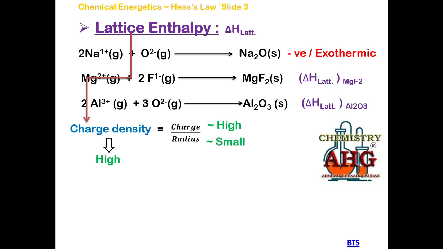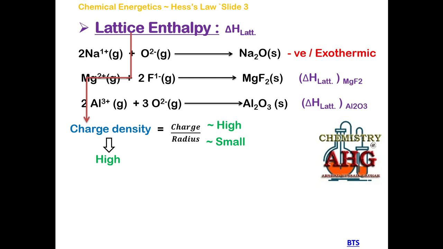And whenever ionic bond is strong, lattice enthalpy of that ionic compound would be more exothermic. So it means charge density is directly proportional to the strength of ionic bond as well as lattice enthalpy. So greater the charge density, stronger will be the ionic bond and more exothermic will be the lattice enthalpy.